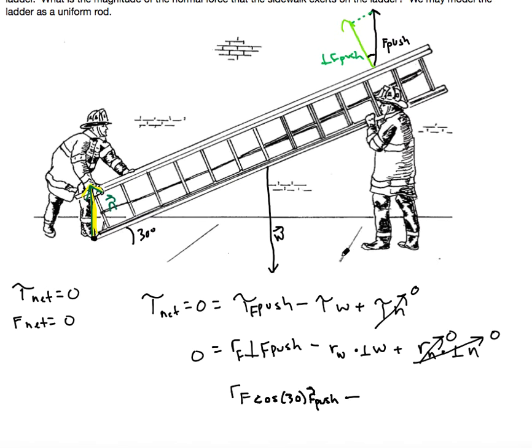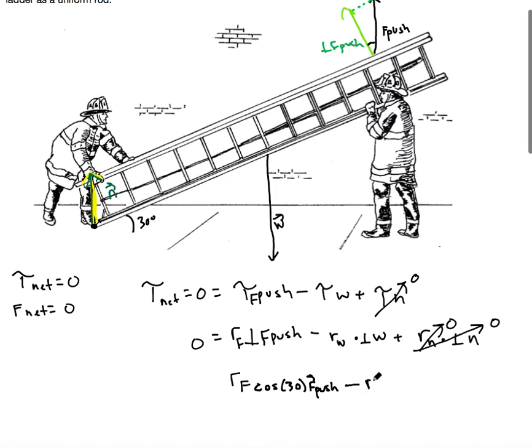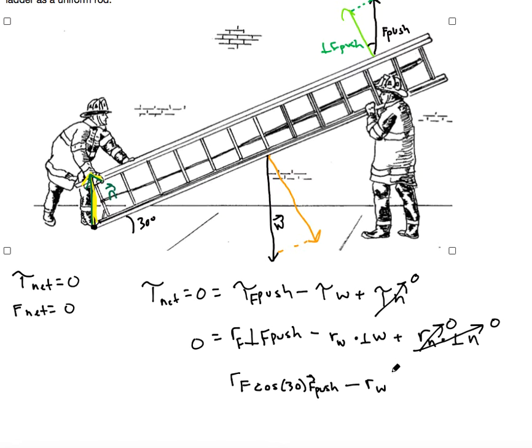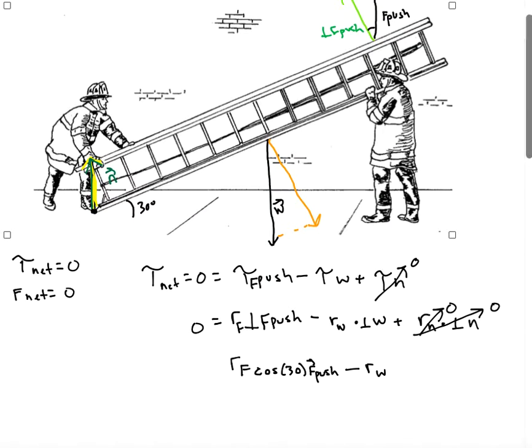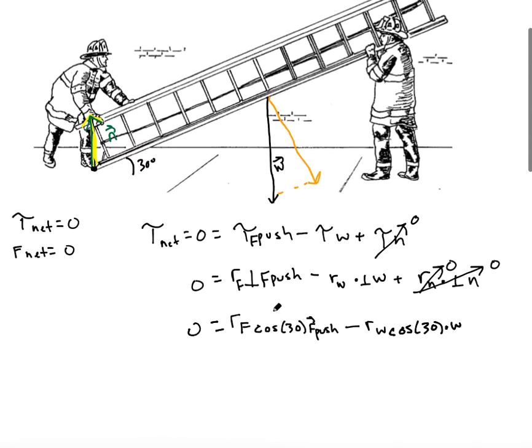And now we want to do the same for our weight force. And so this will be the perpendicular component right here. And again, we can use a trig function, cosine, again, and that will be cosine 30 times weight will equal the perpendicular component. So that equals 0.